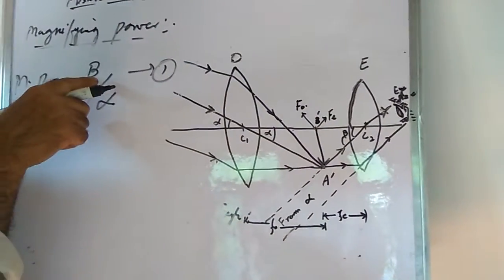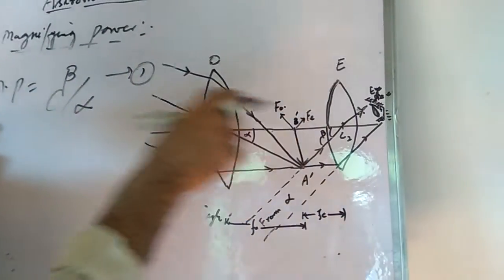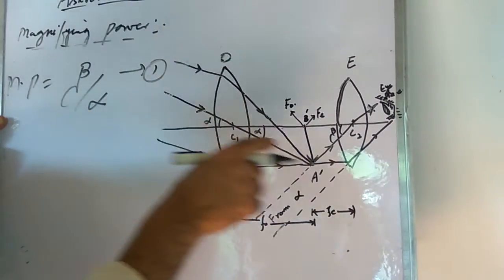It is the ratio of the angle subtended by the final image at the eye to the angle subtended by the object at the eye.